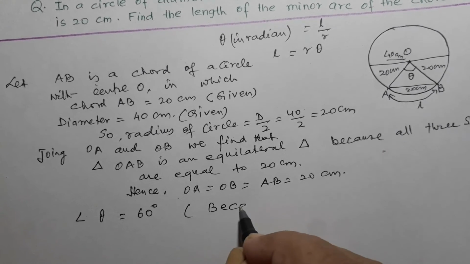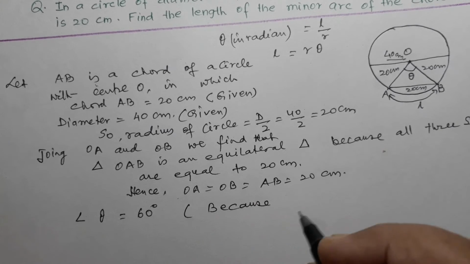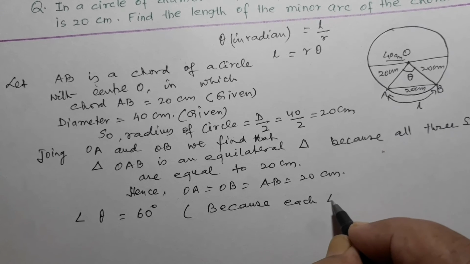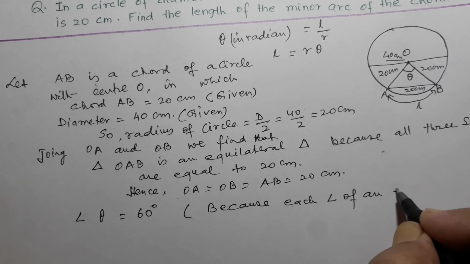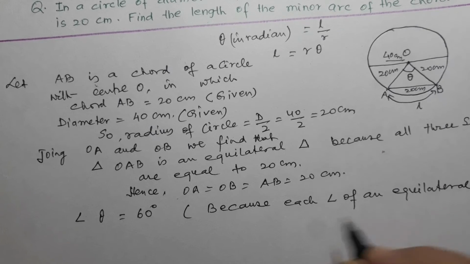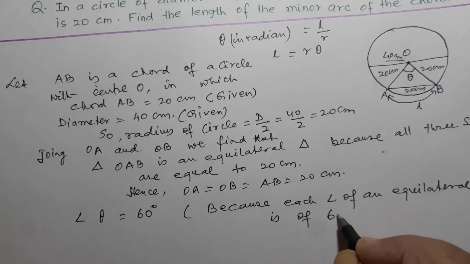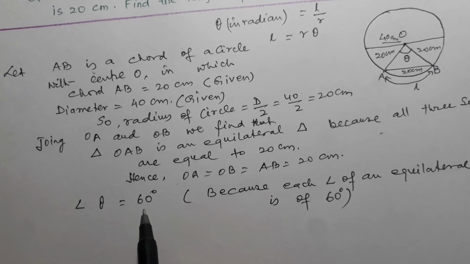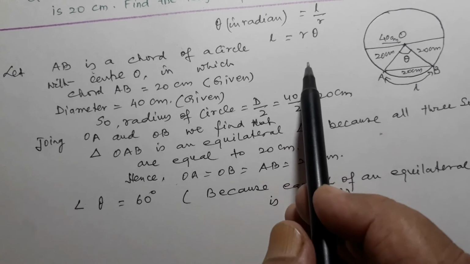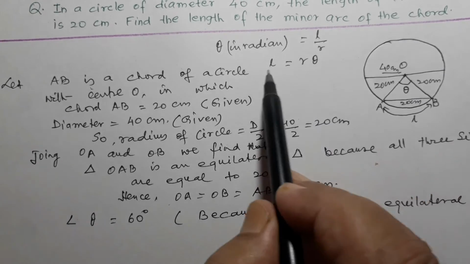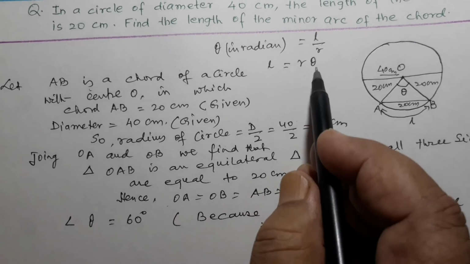Because each angle of an equilateral triangle is of 60 degree, right? So this 60 degree must be changed into radian measure, because this formula applies only for theta which is in radian measure. So this theta we shall change.